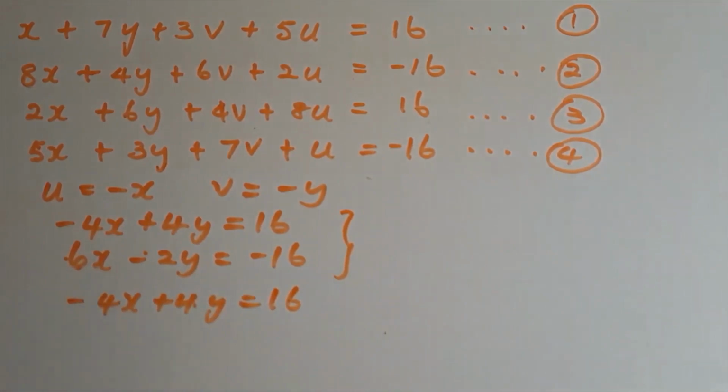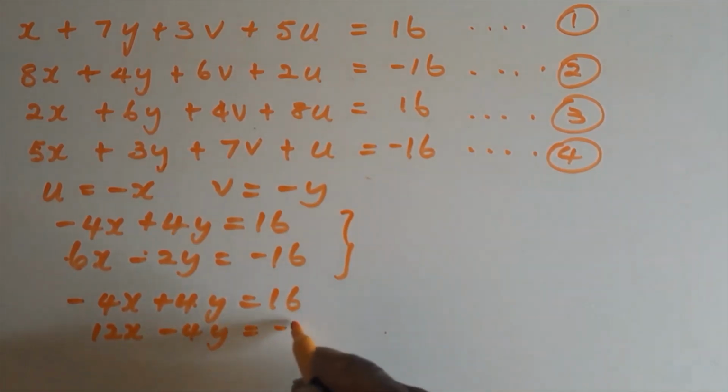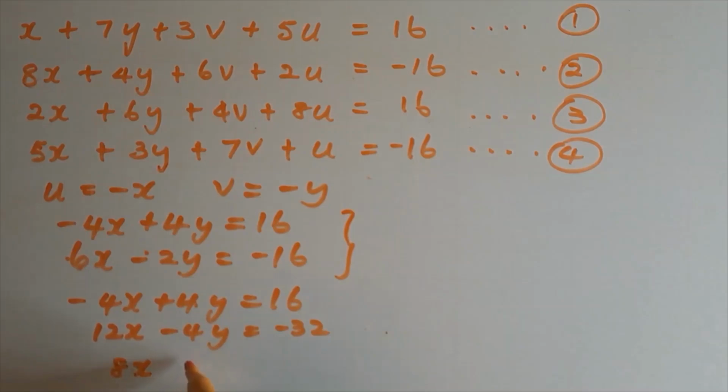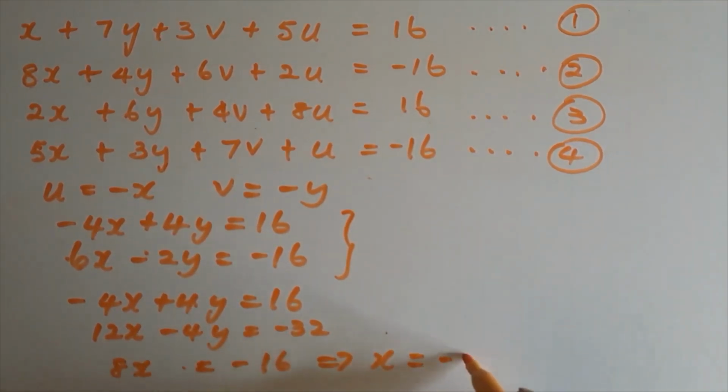The second equation we will multiply by 2, 12x minus 4y equals minus 32, and now we'll add the first equation to the second equation to give us 8x equal to negative 16, which implies that x is equal to negative 2.